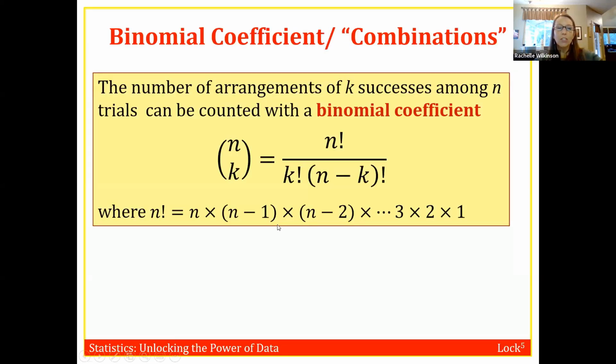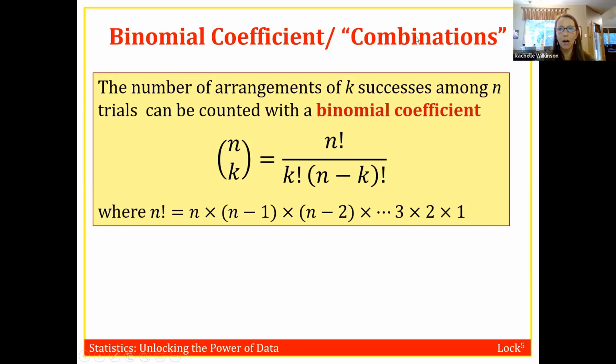All right. So these factorials, what they're going to help us with is the counting. Remember, we talked about how we wanted to be able to learn how to count. To count like the number of ways to get exactly K successes in N trials, we can use something called combinatorics, which uses this binomial coefficient.